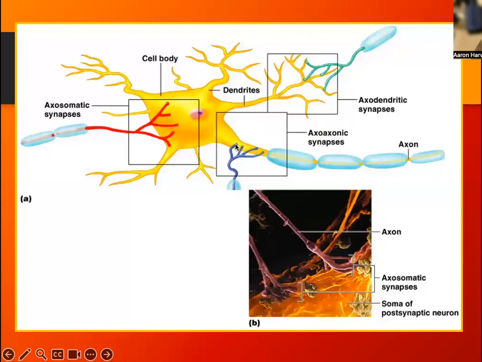Axoaxonic is between an axon and an axon. Axodendritic is between an axon and a dendrite. And there are a bunch of different combinations of this. So neurons have anywhere between 1,000 and 10,000 axon terminals that are stimulated by an equal number of other neurons. So there's a lot of different combinations possible for this.